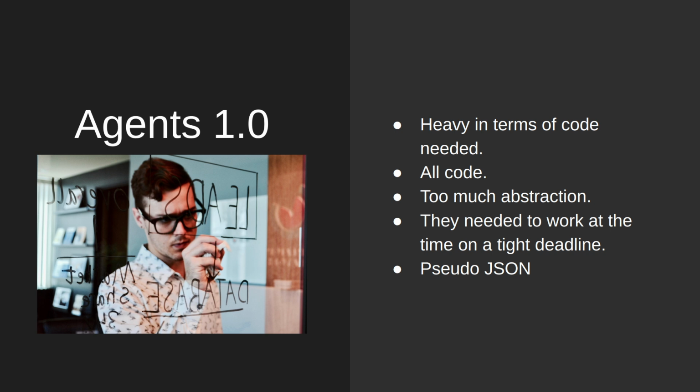Another problem with them was just because of the level the models were at the time that we started working on this, is that we're using something called pseudo JSON.